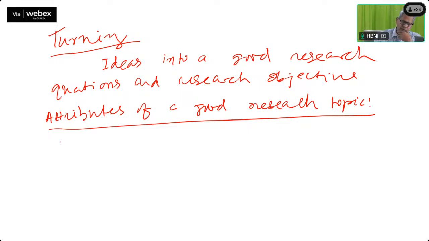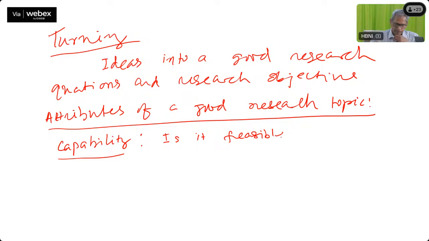First of all, you have to see your capability. Capability means, suppose we select a topic, whether it is feasible, whether you have enough resources and techniques, time and personal capability to do this research.